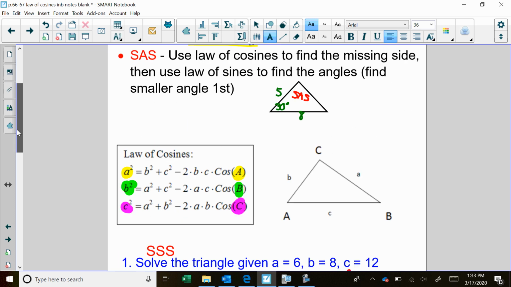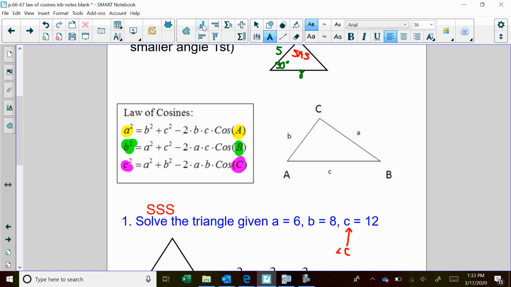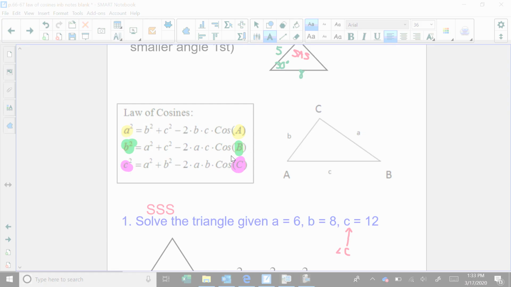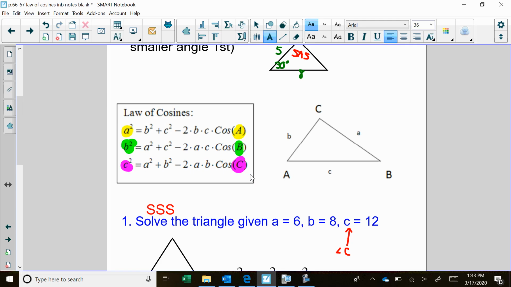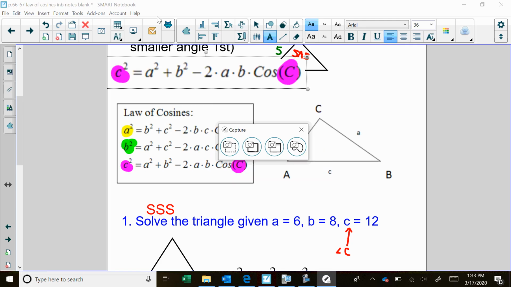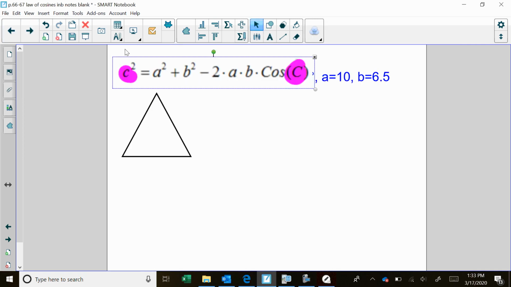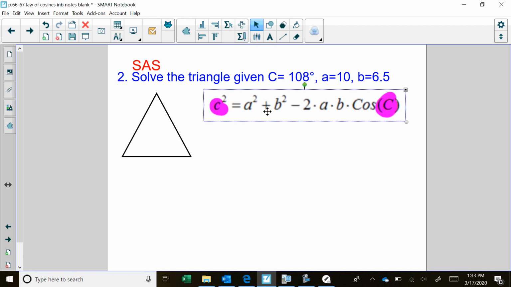Let me go over here and give you the formula written down. Here's our formula.